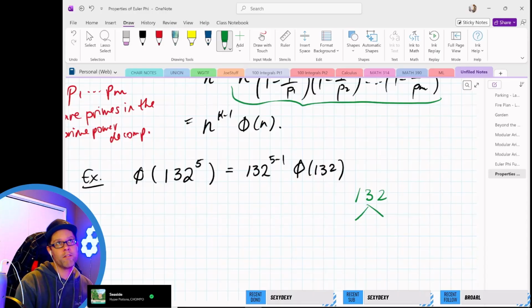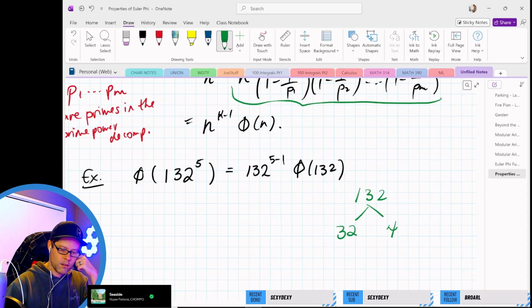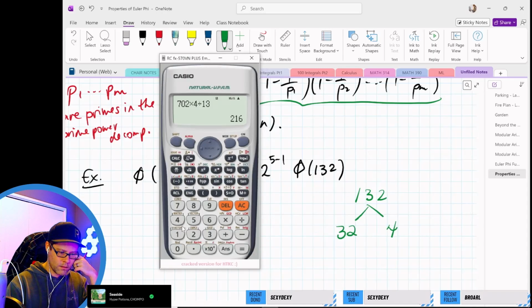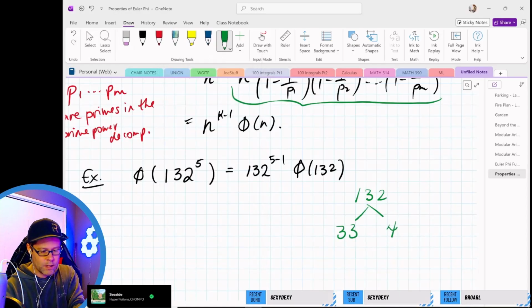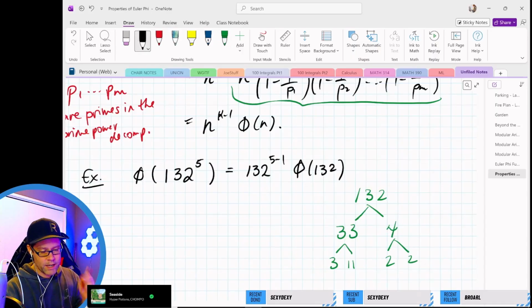That's going to be 33 and 4, so that's a 2 and a 2, and over here I have a 3 and an 11. So 2, 3, and 11 are going to be the important pieces that we need.